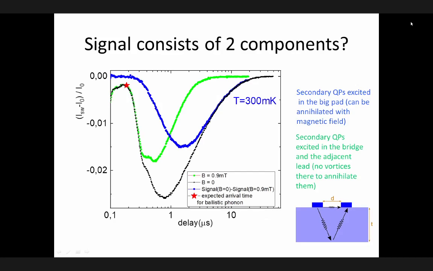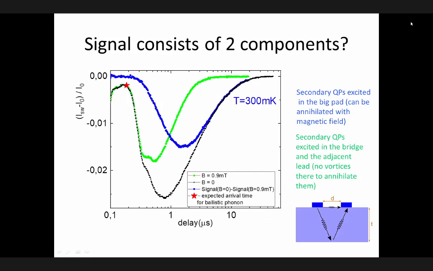Then they hit your bridge, or just the vicinity of the bridge, and you create secondary quasi-particles, because of course the bridge cannot sense phonons, it can only sense electrons. So you go from excess electron temperature to phonons and then back to the electrons. These would be secondary quasi-particles excited in the bridge and in the adjacent lead.